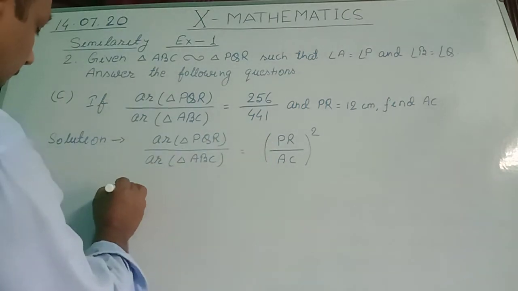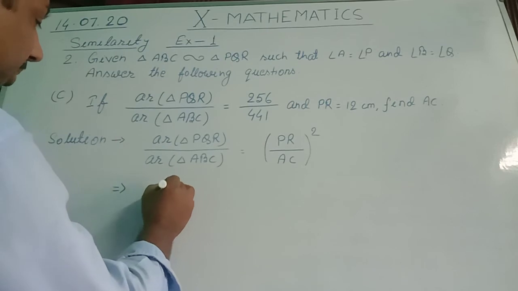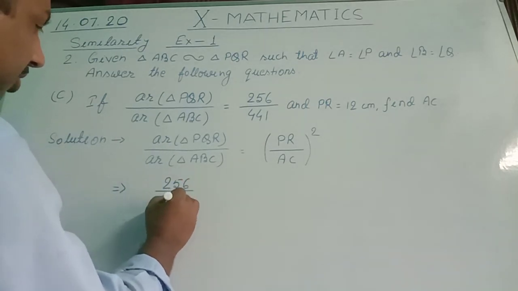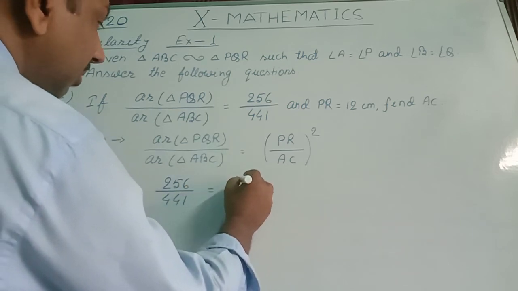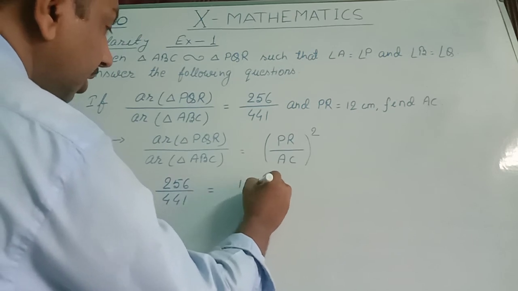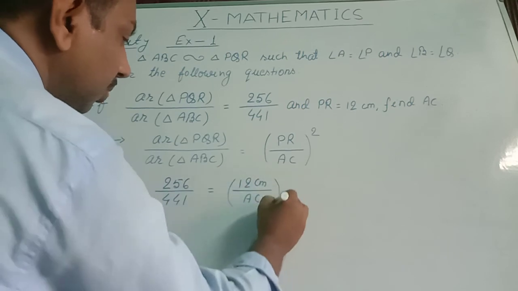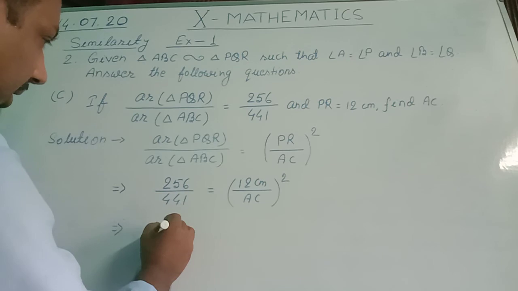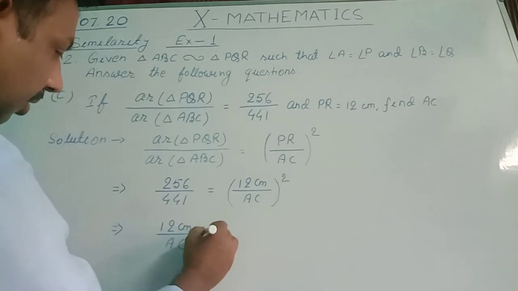Now, this implies that area of triangle PQR is 256 by area of triangle ABC 441 equal to the value of PR is given, that is 12 centimeter, and by AC this much whole square. Implies that if we write only 12 centimeter by AC, what I have done?